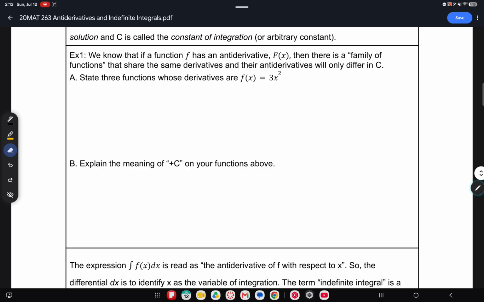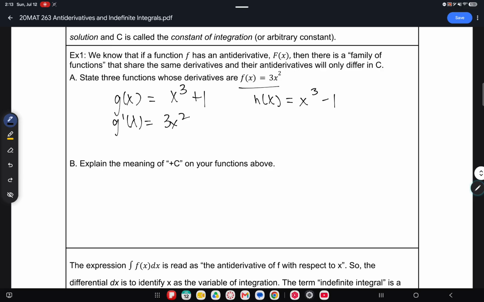All right, let's do a little bit of thinking before going into rules. Let's say we have a function f of x is 3x squared. Can I think of 3 different functions whose derivative is this? One function, g of x, could be x cubed plus 1, because then g prime of x would give me 3x squared plus 0.